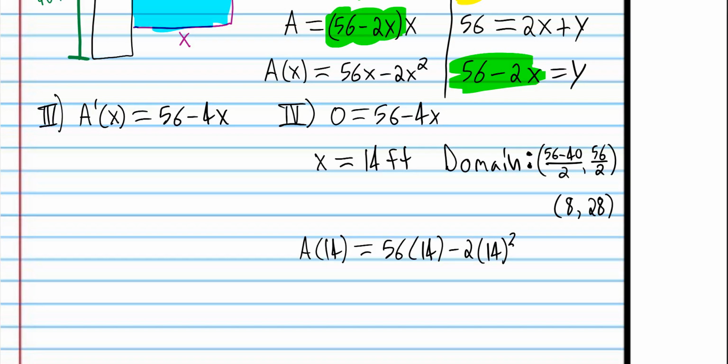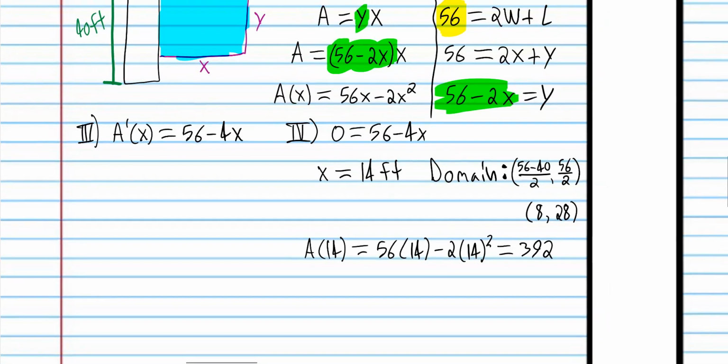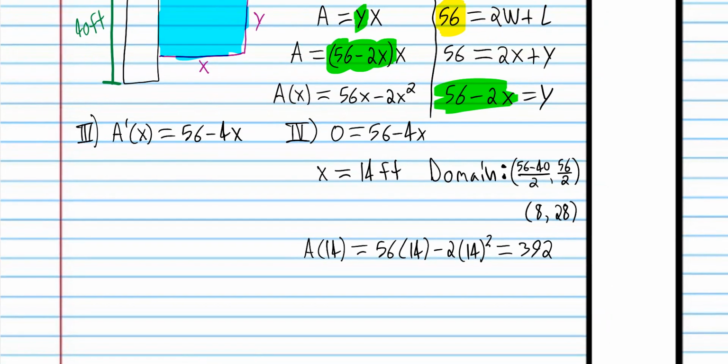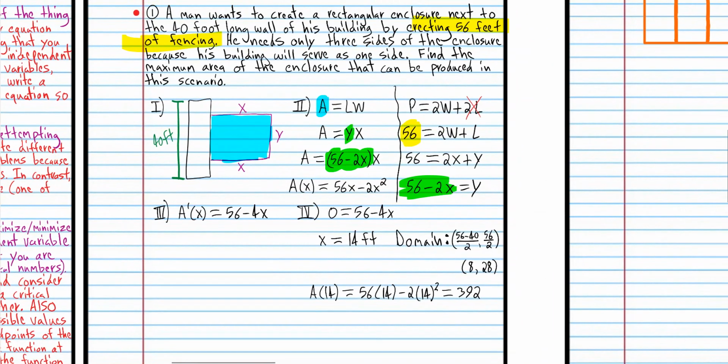You should know how to use your TI-84 Plus, or whatever calculator you're using, pretty well by now. What I get when I enter this into my calculator is 392. That's the maximum area that we get, and we're done with the problem.